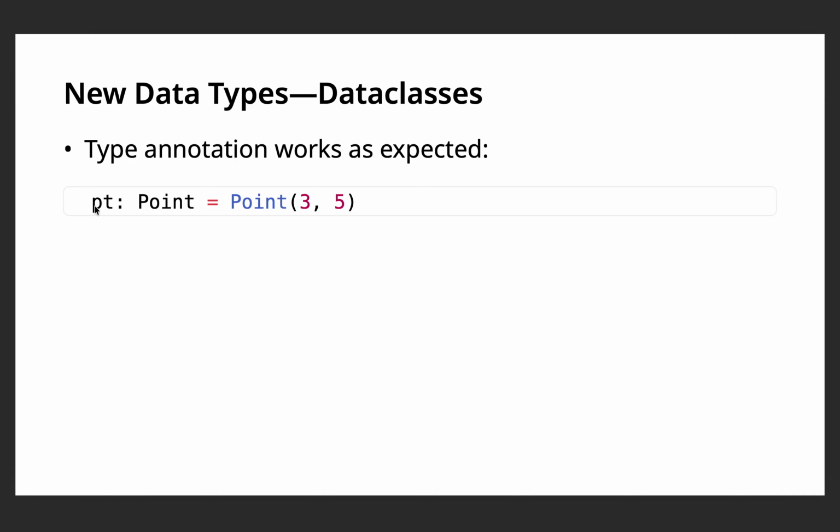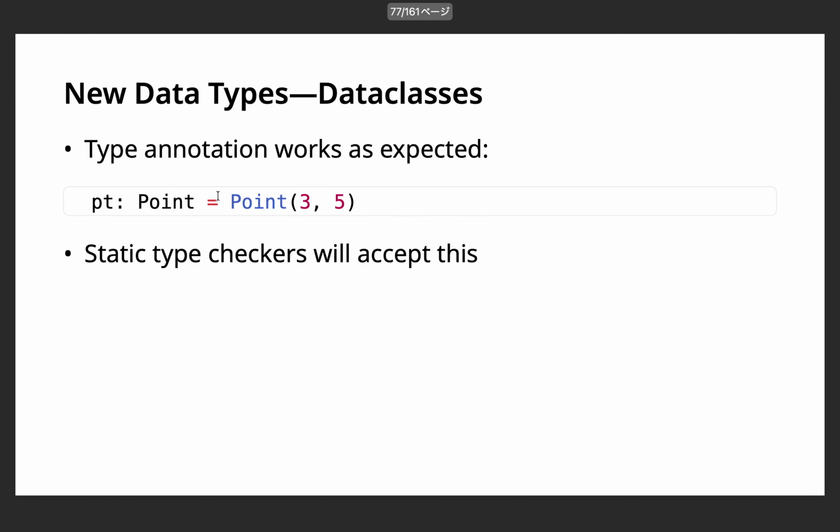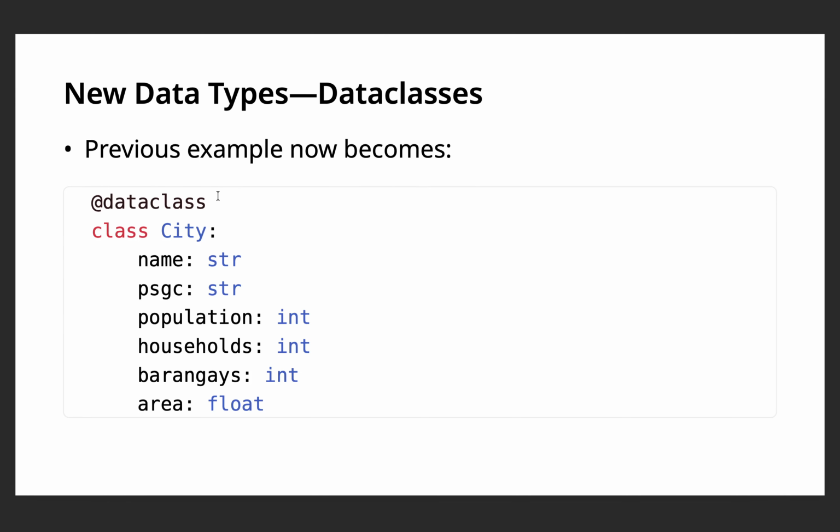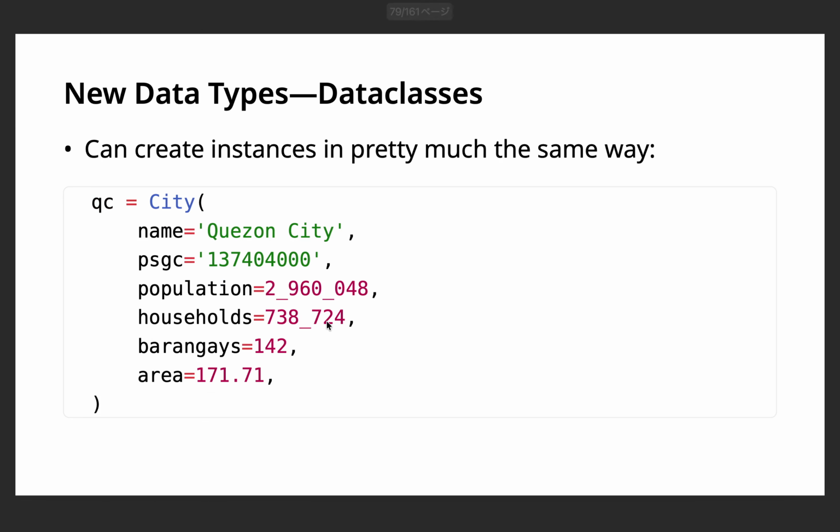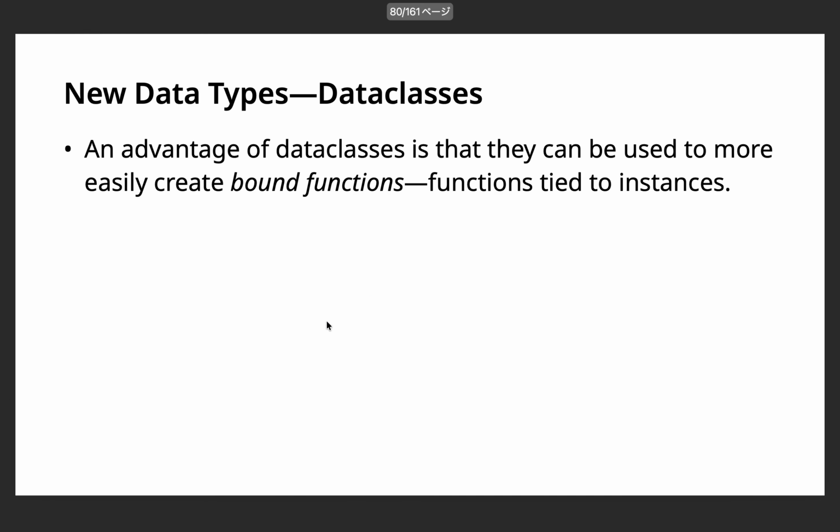So this type annotation will type check. Okay? So yung previous example with the cities now becomes something like this. So we have class City, these are the field names, and these are their corresponding types. Okay? And the way you make instances of cities is pretty much the same.